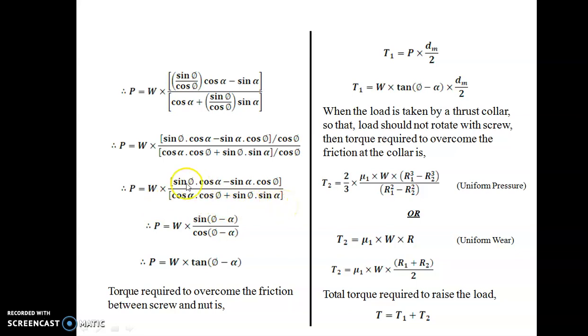This is the expansion of what? Sin phi cos alpha minus sin alpha cos phi is the expansion of sin of phi minus alpha. Remember the term sin of A minus B. In the same way, cos alpha cos phi plus sin phi sin alpha is the expansion of cos of phi minus alpha, that is cos of A minus B. So P is equal to W into sin of phi minus alpha divided by cos of phi minus alpha.